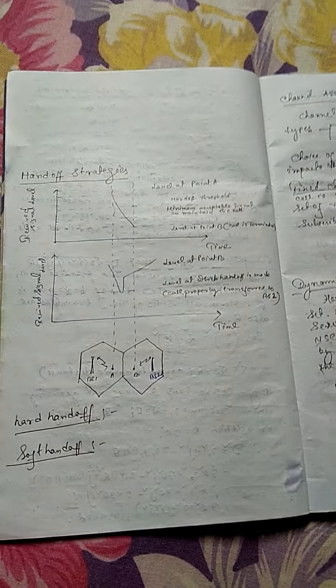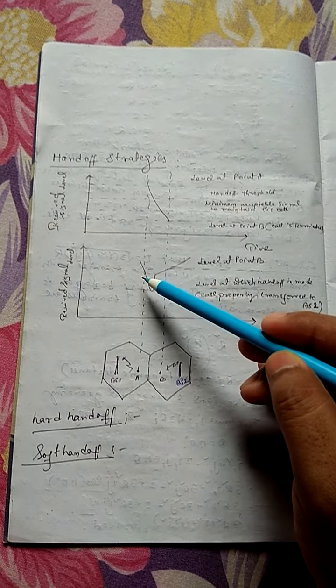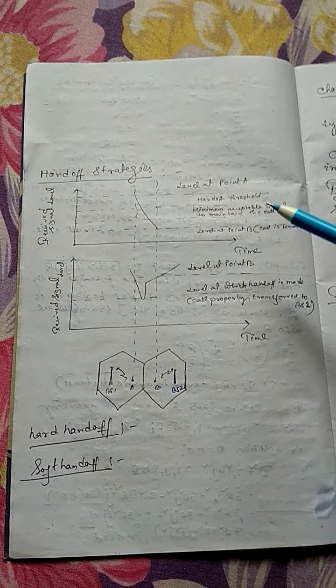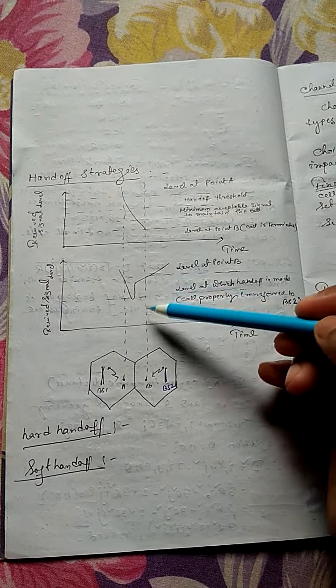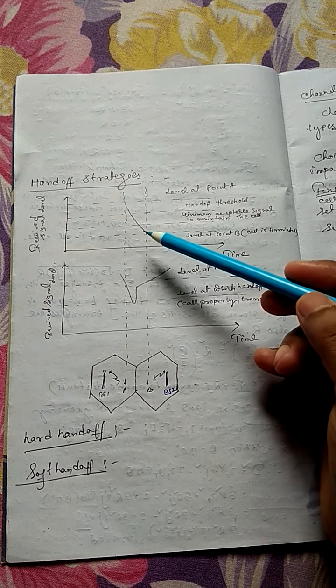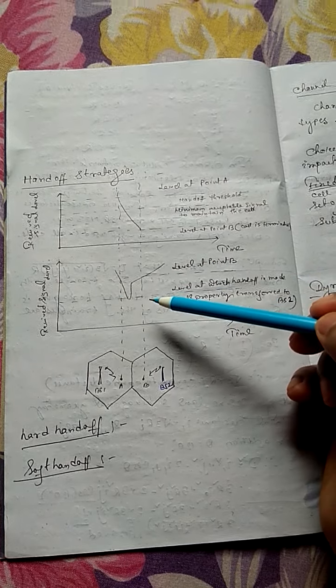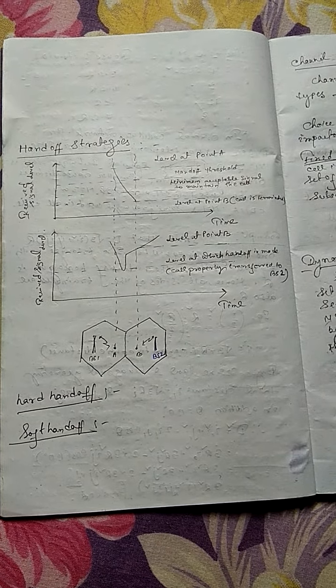But with a handover strategy, if it follows that particular type of graph, it means the handover has happened successfully. If we go with hard handoff strategies, there is one drawback. If hard handoff follows that particular graph, there may be a chance of call drop. But if this type of graph appears, there is no chance of call drop. So this is a very short lecture about handover strategies.